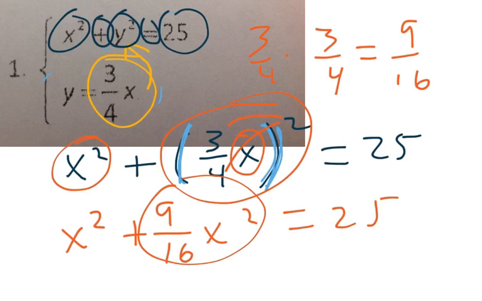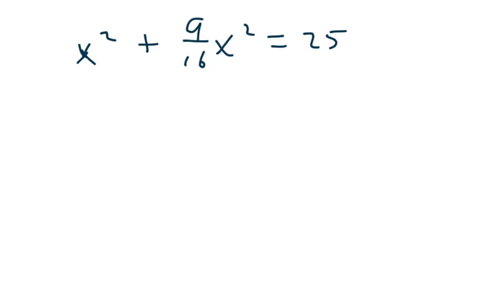Now, let me copy it on a new screen here real quick. So I had x squared plus 9/16 x squared. See, I have an equation that has only x's in it now, so I can now logically solve for x. So let's see where we go from here. Now, there's a little fraction buster method I always like to teach.